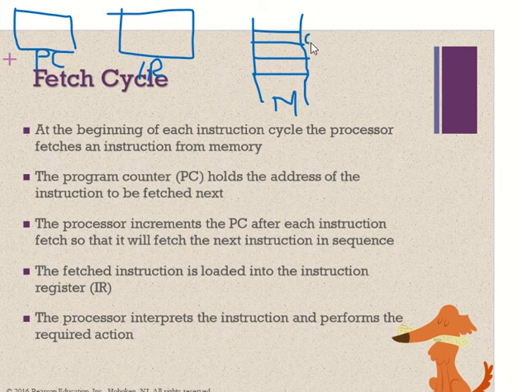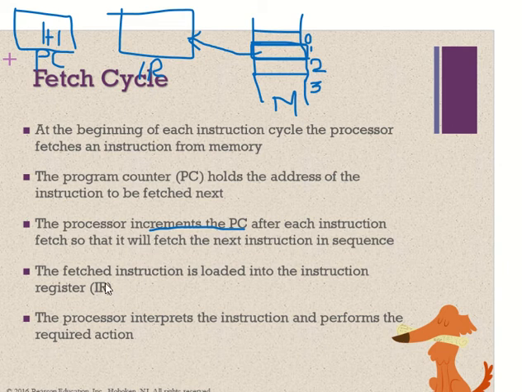Let's say this is address 0, 1, 2, 3, etc. For example, the PC contains the address 1. So in this address 1, there is an instruction. The CPU fetches the instruction and puts it onto the IR. After it fetches, the processor increments the PC. Now the PC will be 1 plus 1, which is equivalent to 2. Okay, the address will now be 2.